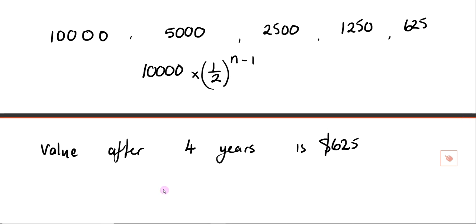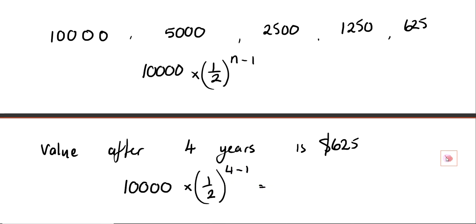Okay. Let's see whether we can get that. Because the first year is. Yes, exactly. So let's just see. What do we do then? We do 10,000 times a half to the power of what? Do I do 4 minus 1, yeah? Right, what's that answer?